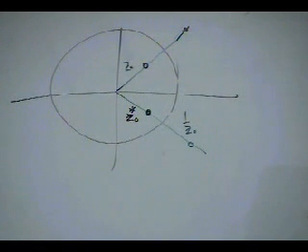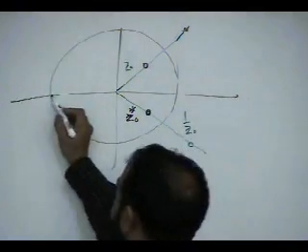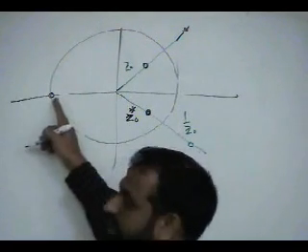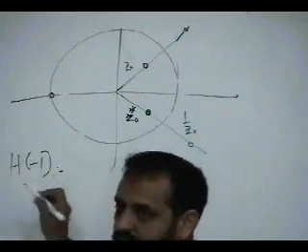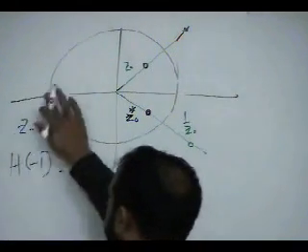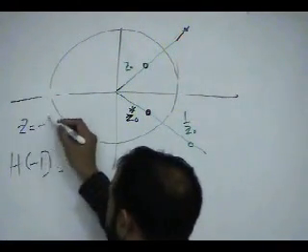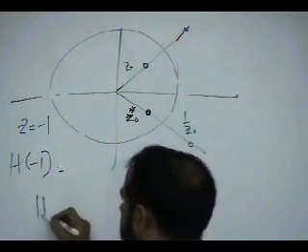Number 2 is what about if there is a 0 at -1? Okay, I'm just saying, let's say what is at -1? The value of the function at z equal to -1, not 0. Let's say the value of the function at -1 must obey this.